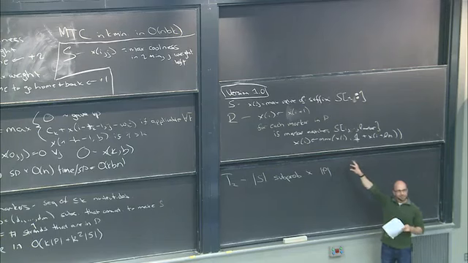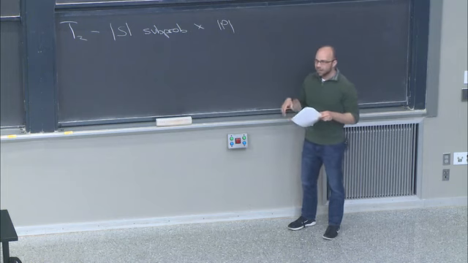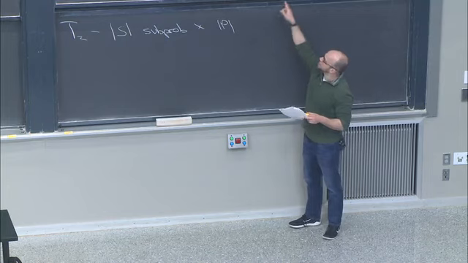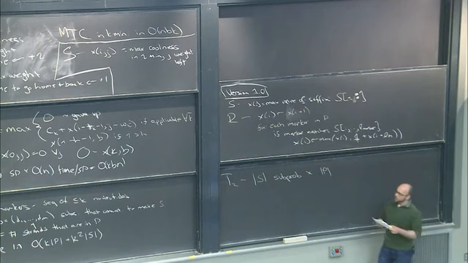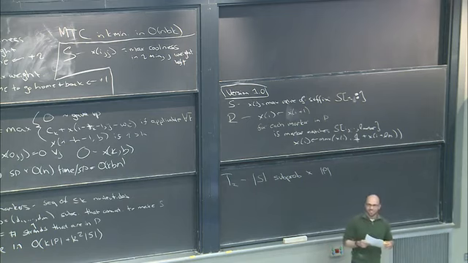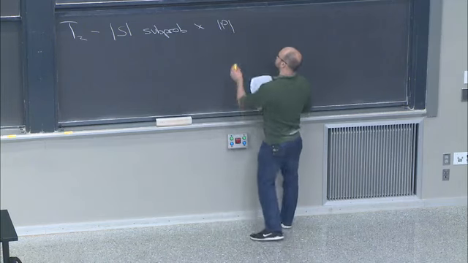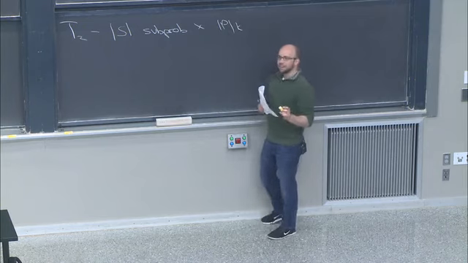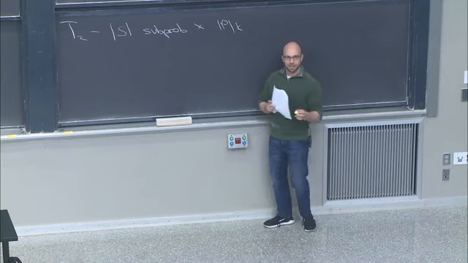But how do I check if strings are equal? Well, I have to iterate over the length of the string. So I incur a second cost, which is checking if two strings are equal. We know that our strings are at most, well, I didn't actually write it down, but the problem tells us that our strings are at most length k. So I incur another factor of k in every one of my subproblems.